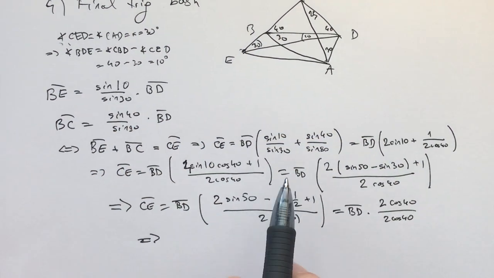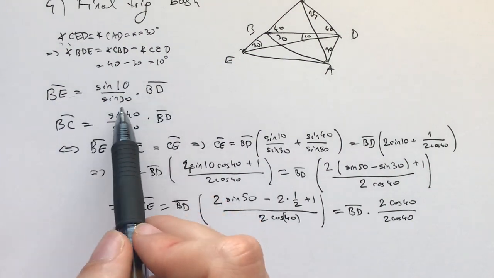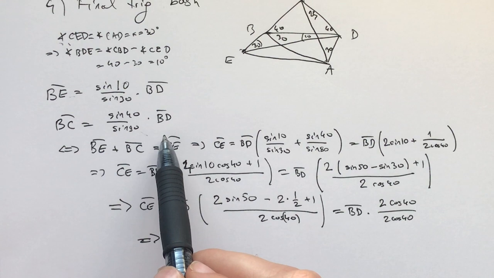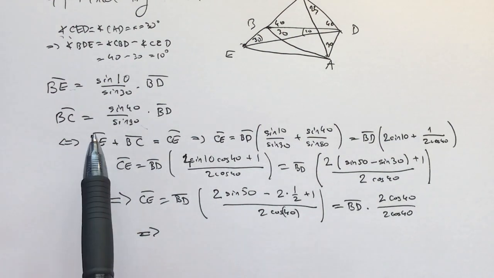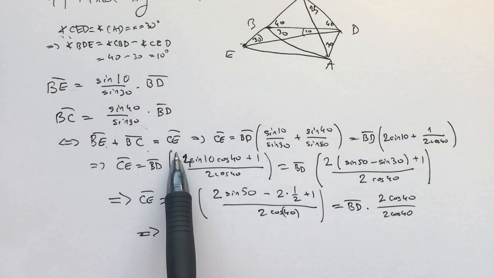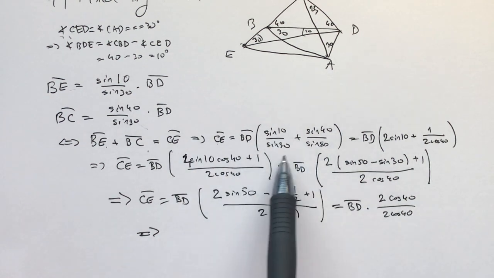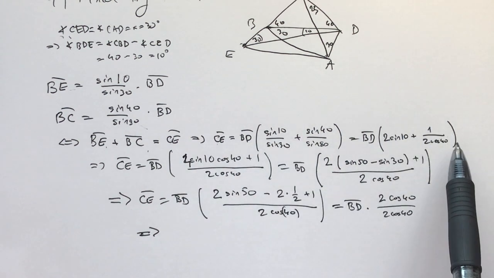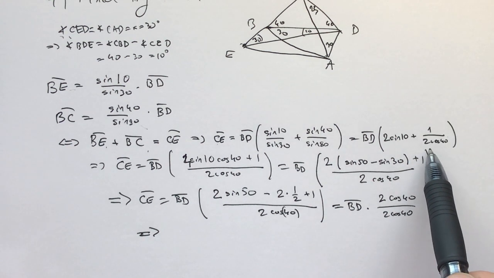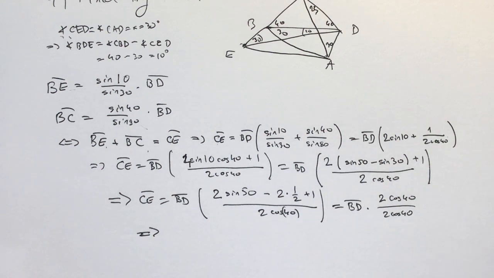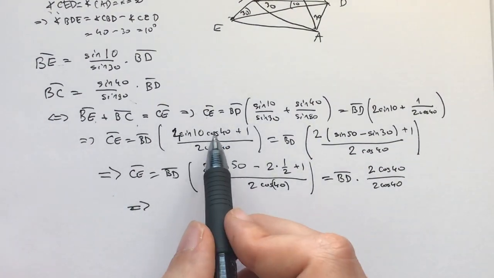And now we have BE is sine of 10 over sine of 30 times BD, BC is sine of 80 times BD. And now BE plus BC is CE. And then CE is equal to BD times this, which we transform once. We're using that sine of 2 times 40 is 2 times sine of 40 cosine of 40. We have this.